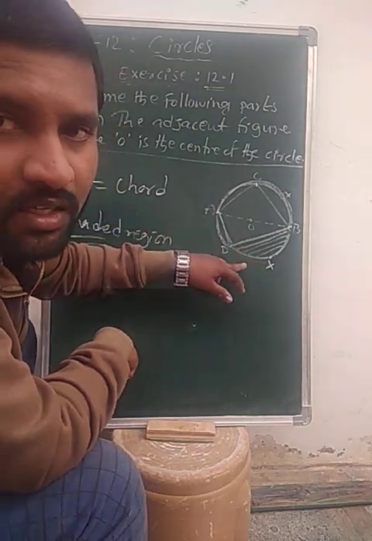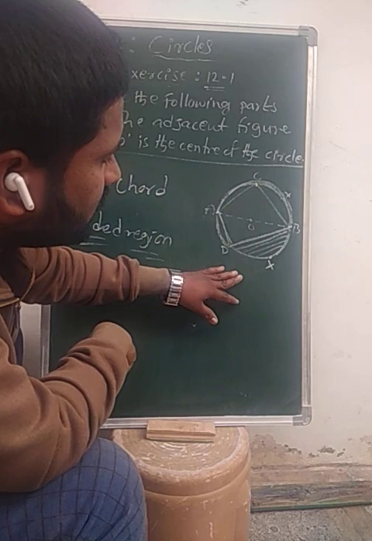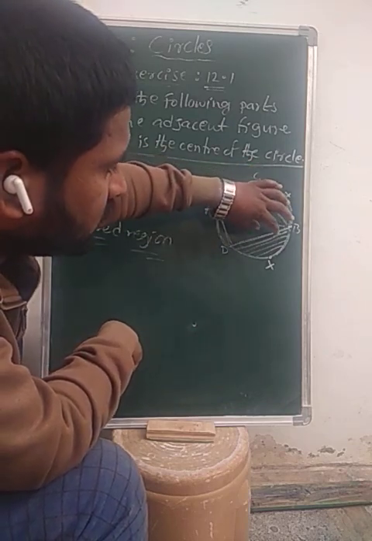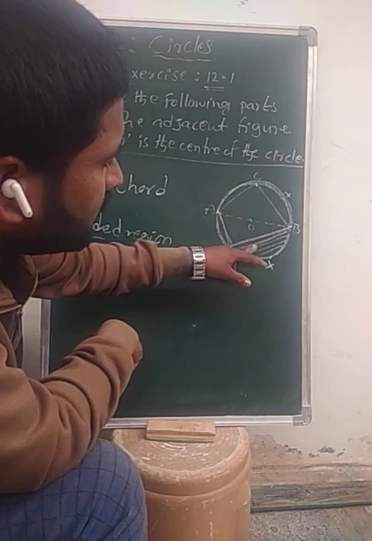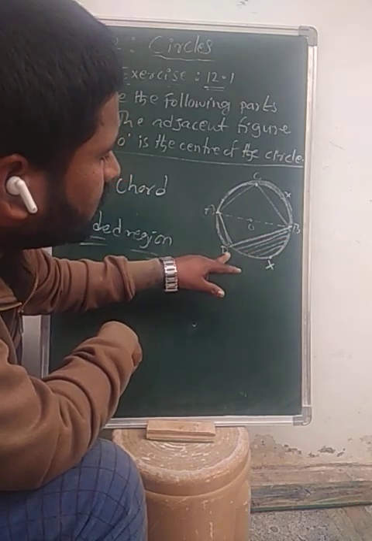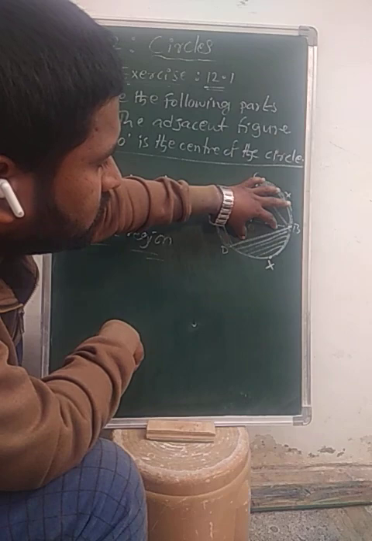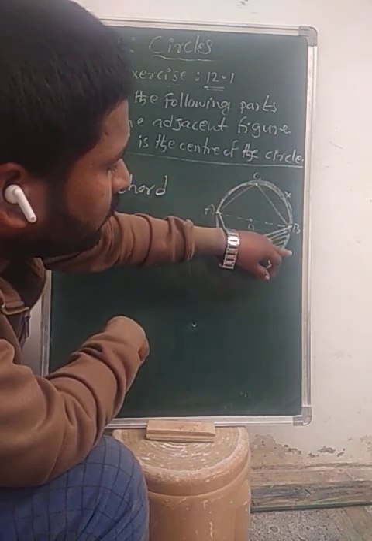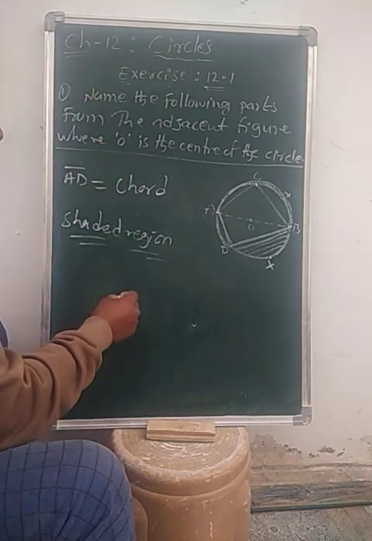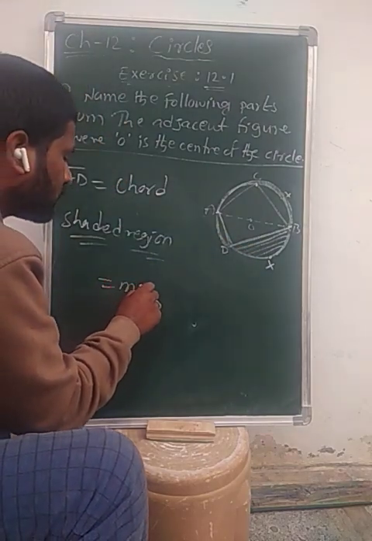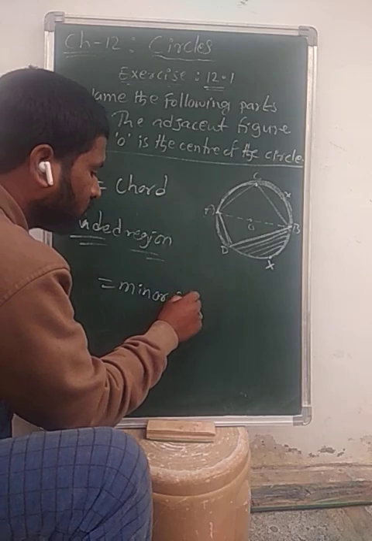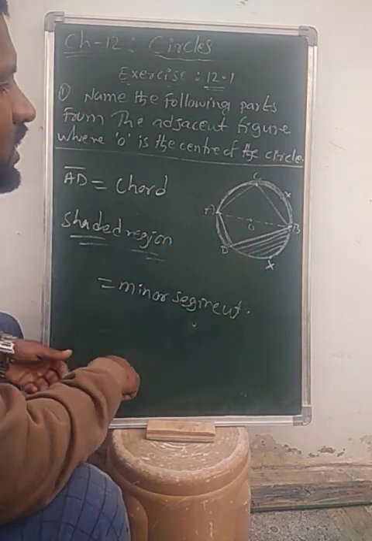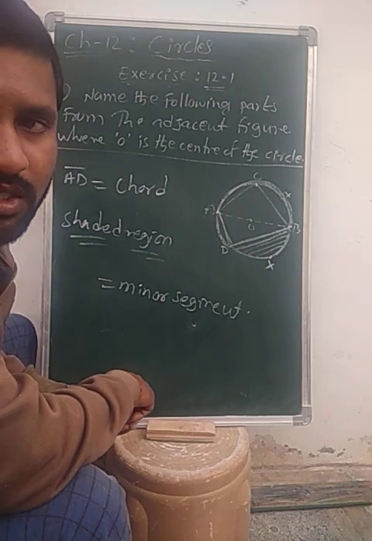You observe in the figure, what is the shaded region here? The shaded region is the area enclosed by the minor arc and a chord. That is called the minor segment. So this is the explanation for the first question.